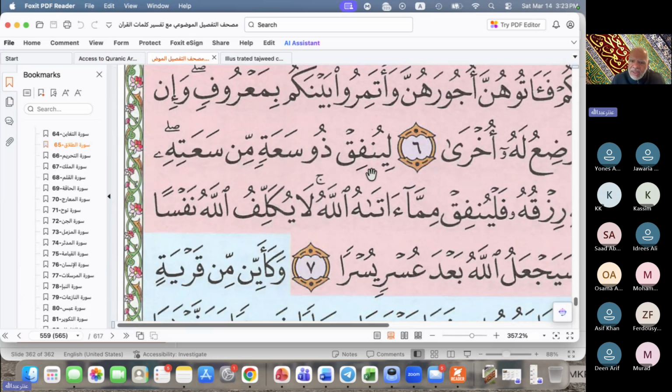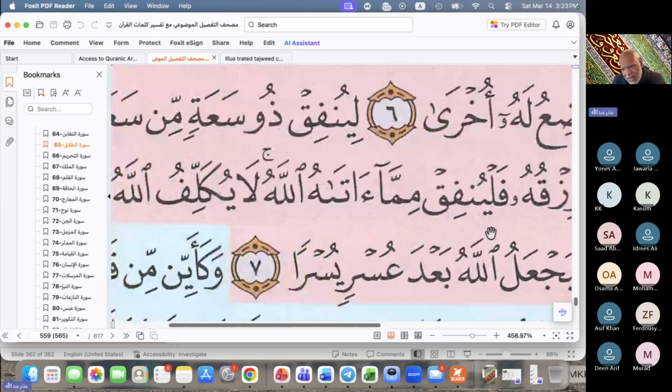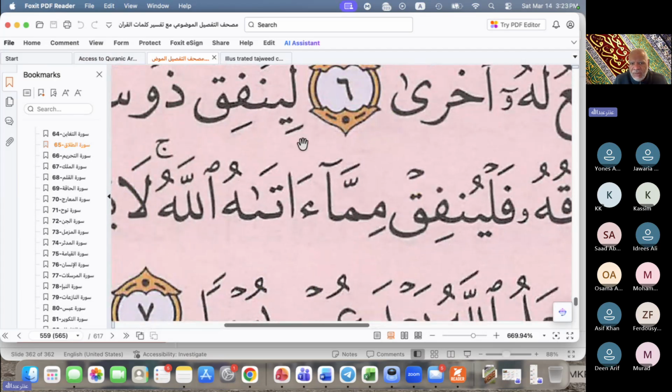So ينفق, this is مضارع of أنفق. What is أنفق? Spend. To spend, that's right. So لينفق, let him spend. Let him spend for a command. This lam was a kasra, li, and we have the sukun here. مجزوم, this is فعل مضارع مجزوم, and this is the sukun. The same fi'l comes here again, فلينفق, with the fa at the beginning, which means then, let him. So لينفق, and again فلينفق.